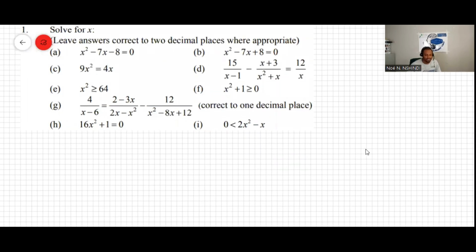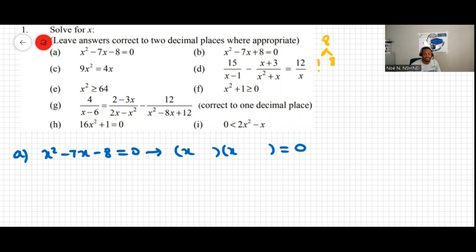The question says x squared minus 7x minus 8 equals 0. In this case, we can just take factors of 8. Factors of 8 are 1 and 8, 2 and 4, and that's all.